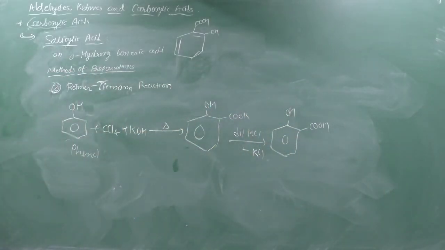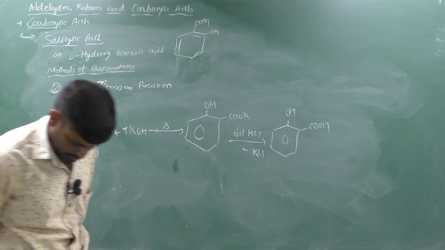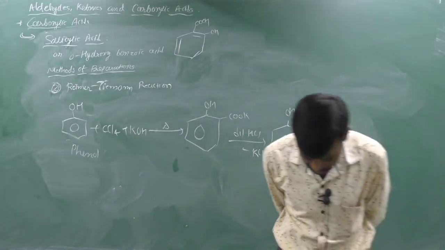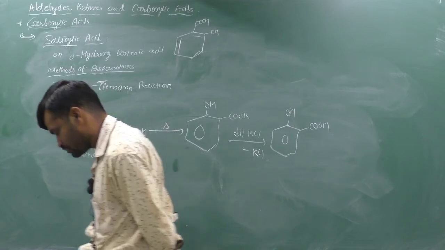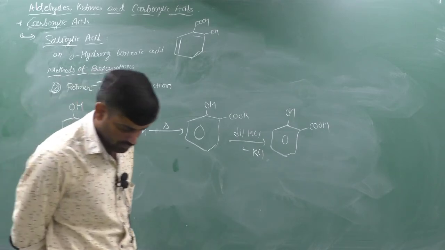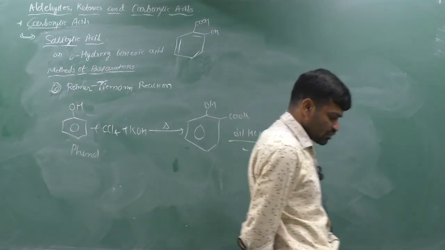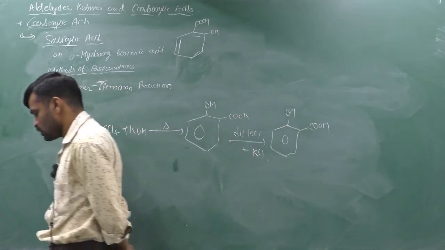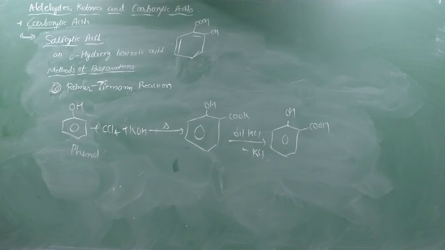And it is sparingly soluble in cold water but readily soluble in hot water, alcohol, ether and chloroform. It is steam volatile and gives a violet coloration with neutral FeCl3. Write down, it gives violet color with neutral FeCl3. It is steam volatile, meaning it can be converted into vapor.